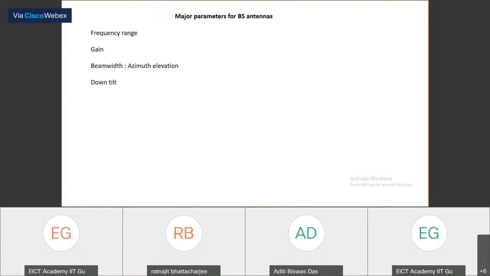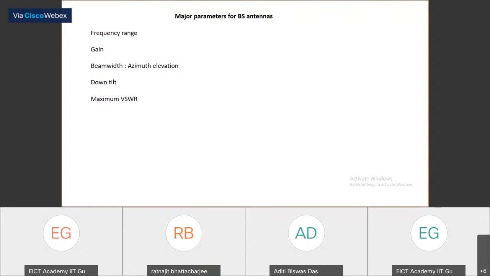These structures are tilted slightly, and this is the down tilt angle, and how this is important and how it is decided, that we will discuss later.